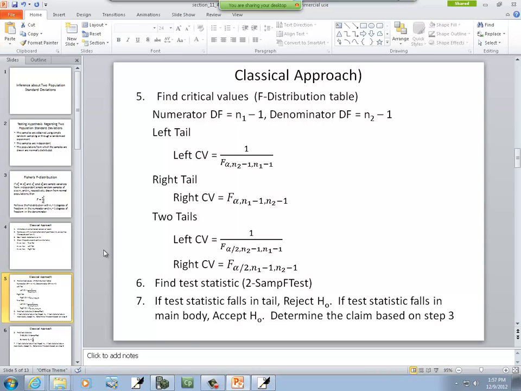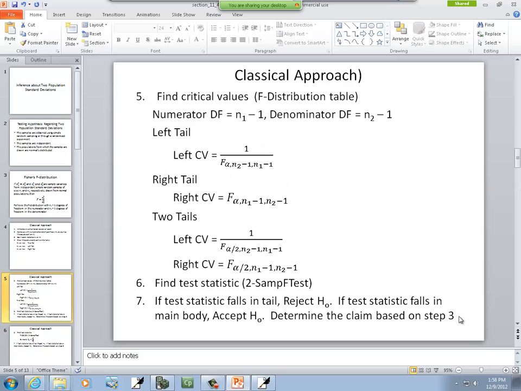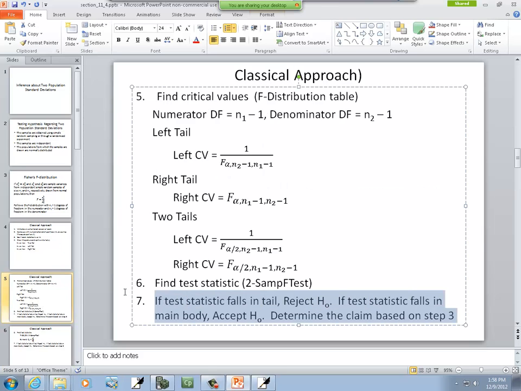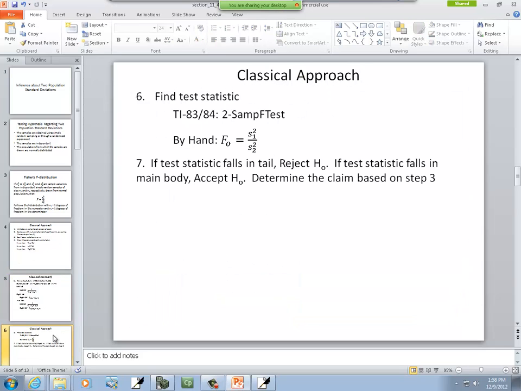And where's my PowerPoint? There it is. Okay, now we're going to find our test statistic. And actually, I put that on the next page. I should have deleted this. Okay, let me delete that. Sorry about that. Still a work in progress. So our test statistic says use 2-samp F test on a TA3, TA4.